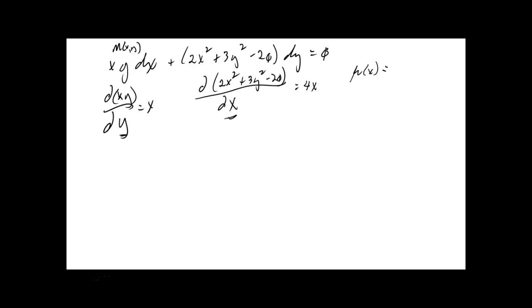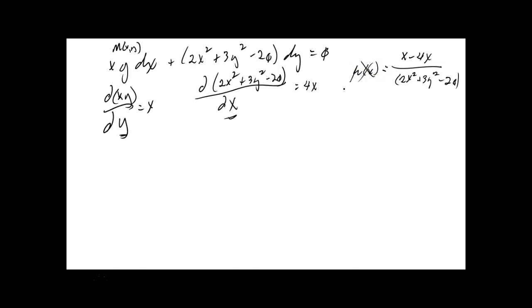It's m sub y minus n sub x, which this is the m sub y right here. So that would be x minus 4x. Like I said, these things we've already calculated. But then you divide that by your n, 2x squared plus 3y squared minus 20. There's no way you're going to eliminate and make that a function of x alone.